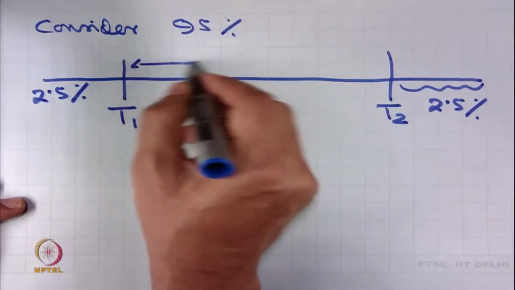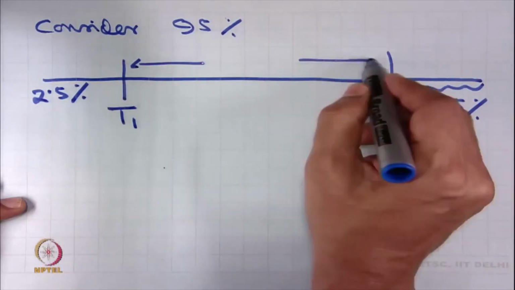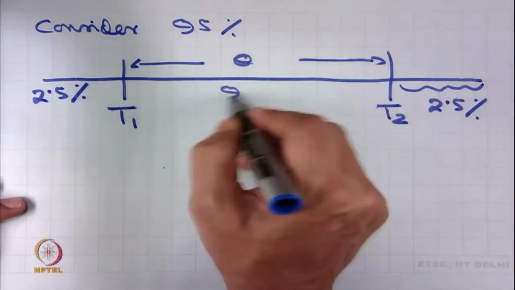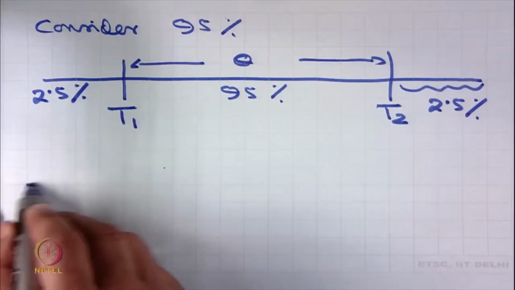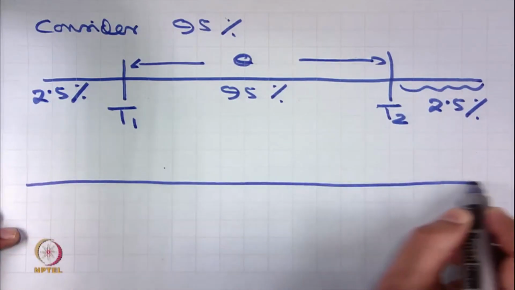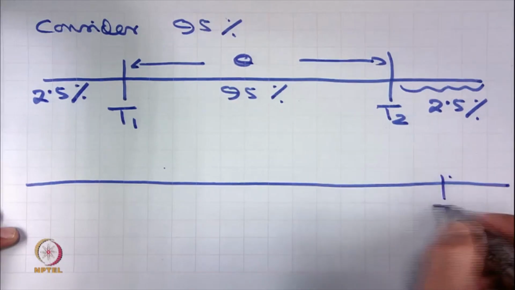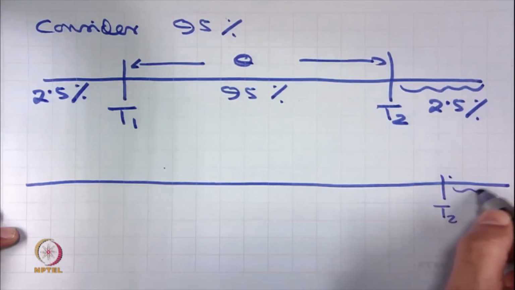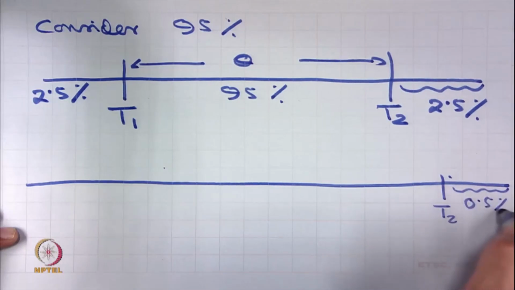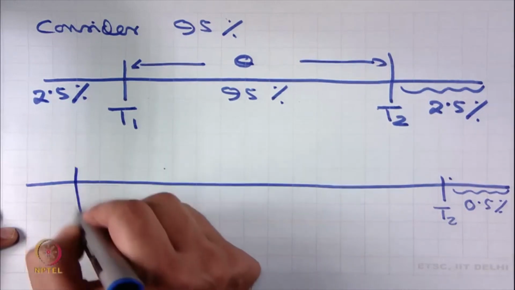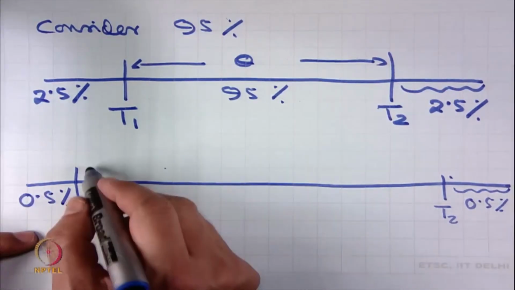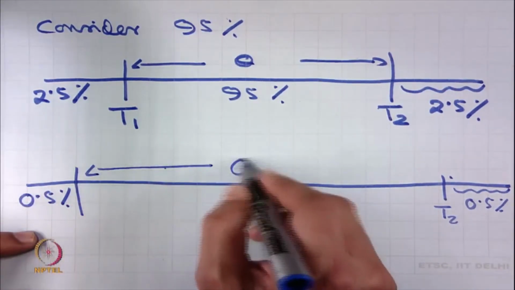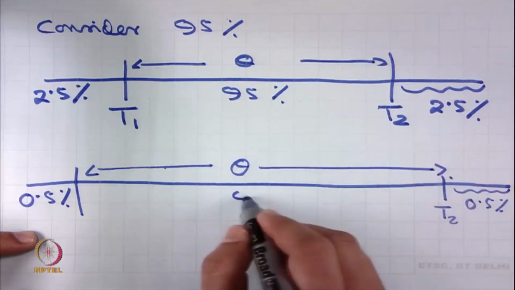So, the 95% confidence interval for theta is this. If it is 99%, then we will look at a T 2 such that the occurrence here is only 0.5% and the occurrence probability of here is 0.5%. Therefore, that theta will occur in this interval has the chance 99%.